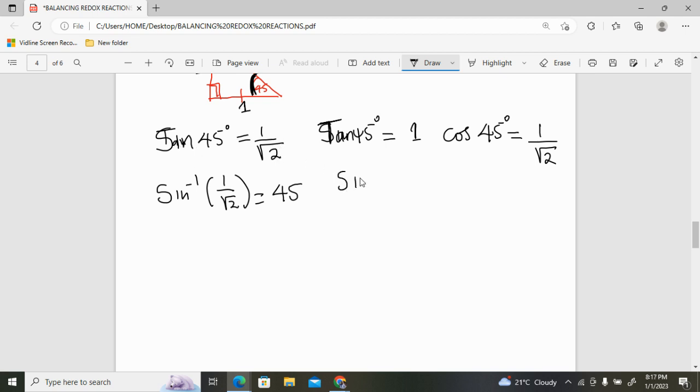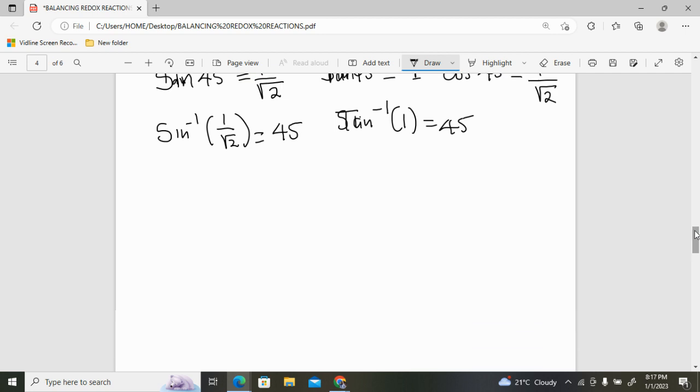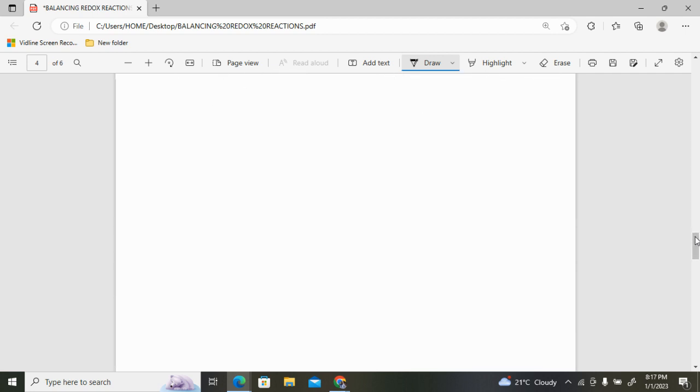And same here, tan inverse of this number, which is a 1, is supposed to give me a 45. And same, cos inverse of 1 over root 2 is supposed to give me 45. As simple as that.